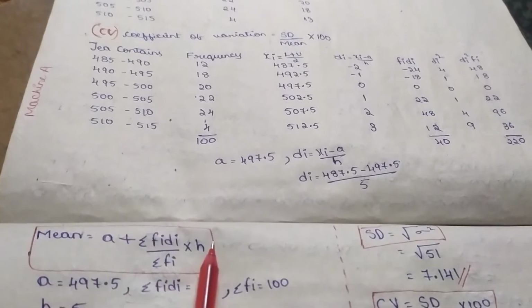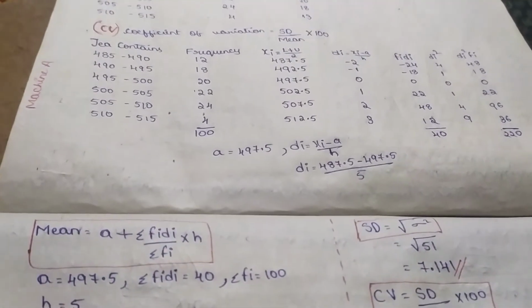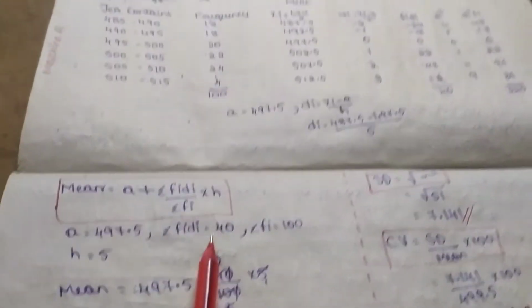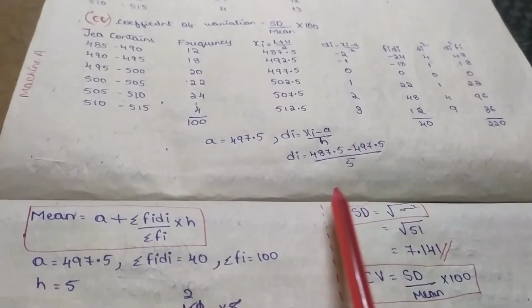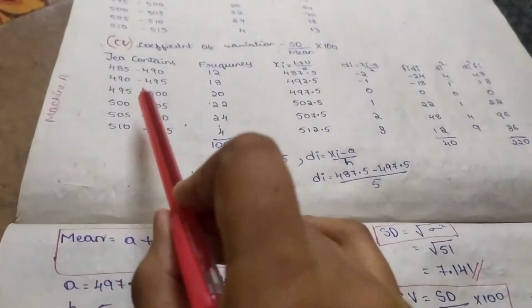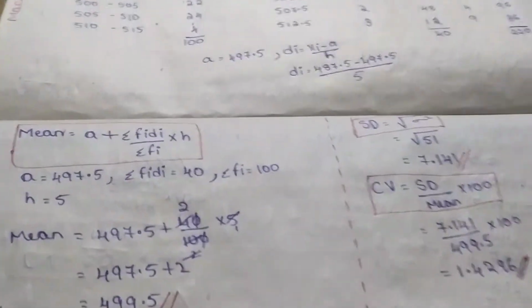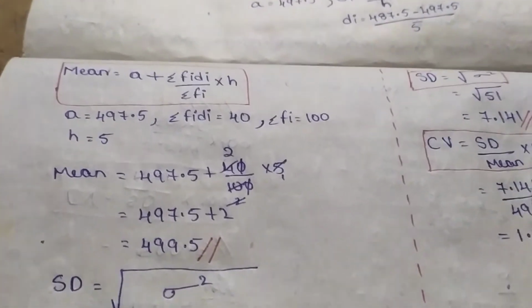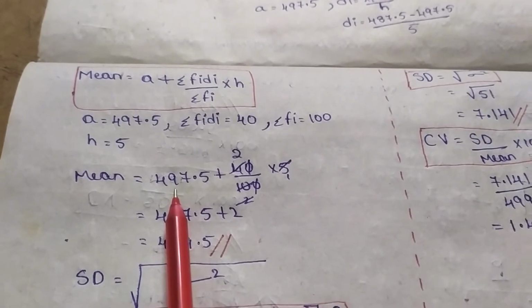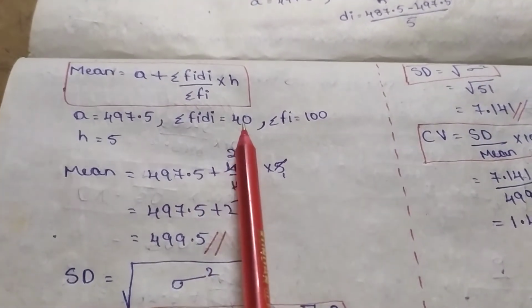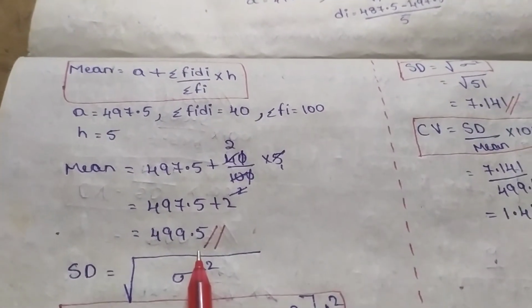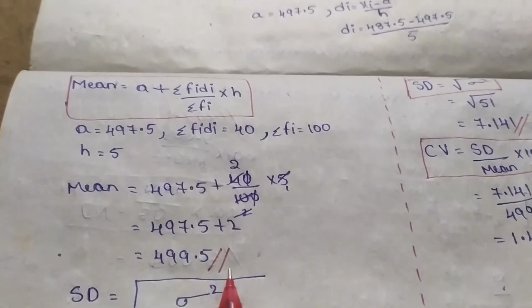So here A is 497.5, summation of fi di is 40, summation of fi is 100, and h, the difference between the class intervals, is 5. Substituting those values, in place of A we write 497.5 plus 40 divided by 100, into 5. We get 499.5 as the answer for the mean.